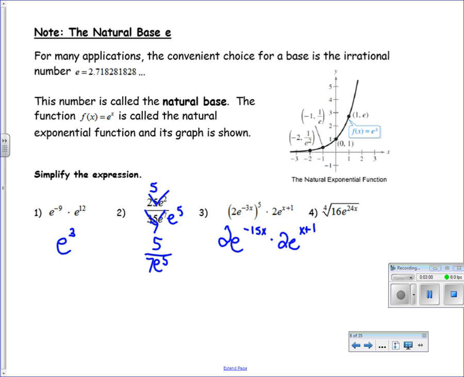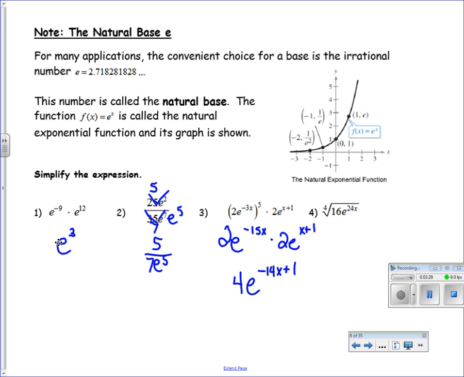It's 2e. So since we're multiplying, we can first do what's 2 times 2, 4. And then e is going to stay e, and we can add these together. So negative 15x plus x is negative 14x, and then plus 1, because the plus 1 doesn't have any like terms, so then we just say that.